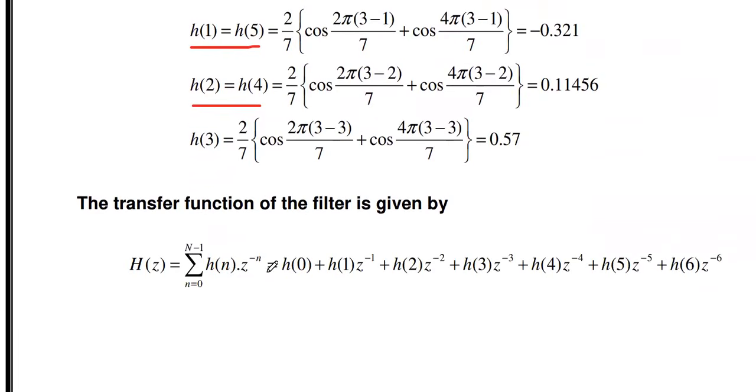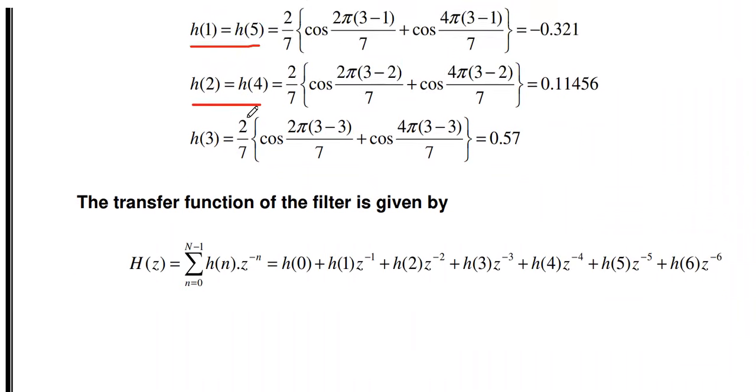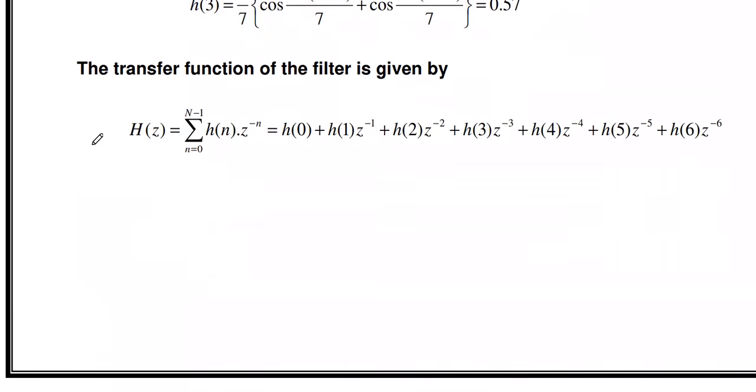Then if we want to find the transfer function and the realization, we have to take the Z transform of this filter coefficient. Taking the Z transform of the impulse response h of n, we get the transfer function H of z.